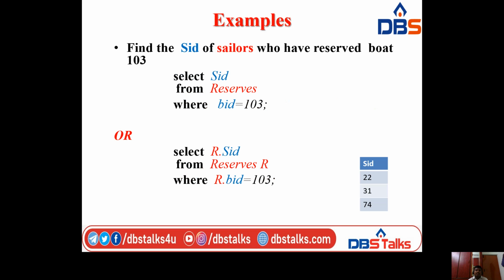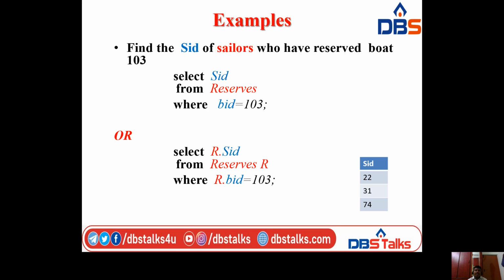Now coming to another example, find the sid of sailors who have reserved boat 103. Here we just select sid from reserves where bid is equal to 103, or select R.sid from reserves R where R.bid is equal to 103.